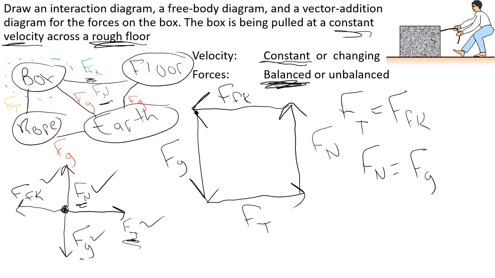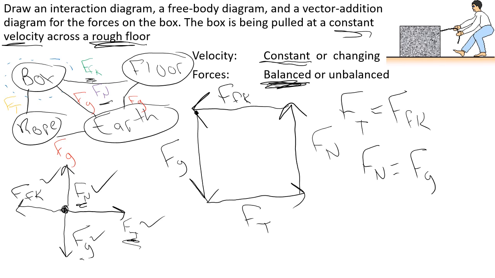Okay, I don't know if Fg and Ft are equal, even though I've drawn it as a square, so you have to be careful about that. But I do know that it is at least a rectangle. There's no way to draw a shape like this so that it looks anything like a rectangle. That's the only thing I've got. So I do know that Fg and Fn are equal and that the kinetic friction and tension are equal.